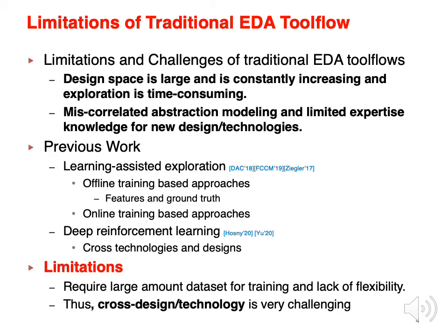Recently we have seen many works that leverage machine learning techniques to improve and accelerate the design exploration process, especially in synthesis. There are two main trends in this direction. The first one is based on training a machine learning model with a static dataset that is well engineered with a feature extraction strategy, such that the model can be used to evaluate unseen synthesis flows or options without actually running the design flows for a given design, which can be very time consuming.